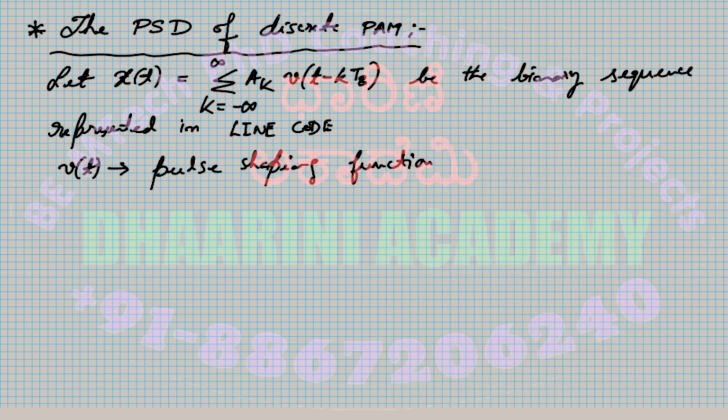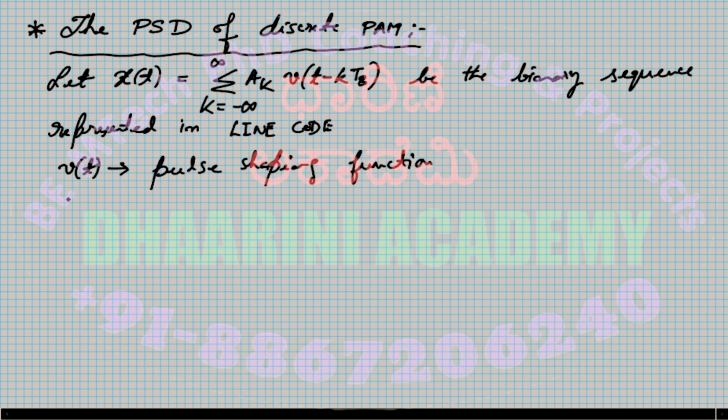That is what v of t is. Can you tell me what T_b is? T_b is the pulse duration. And we also need a_k, that is the polarity or the value.